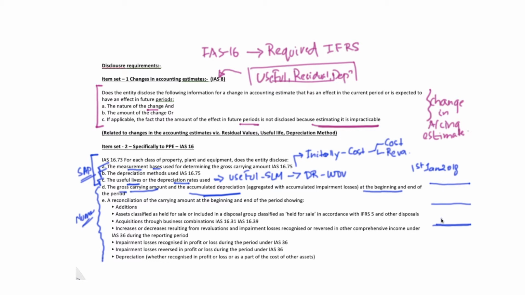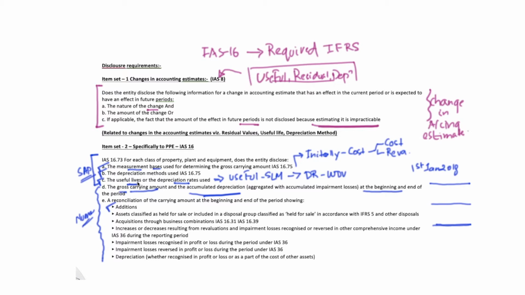Now the entity is required to disclose all the additions in the PP&E, whether by way of purchase or by way of mergers and acquisitions. If the additions are in different categories or different ways of acquisition, a proper bifurcation should be provided.